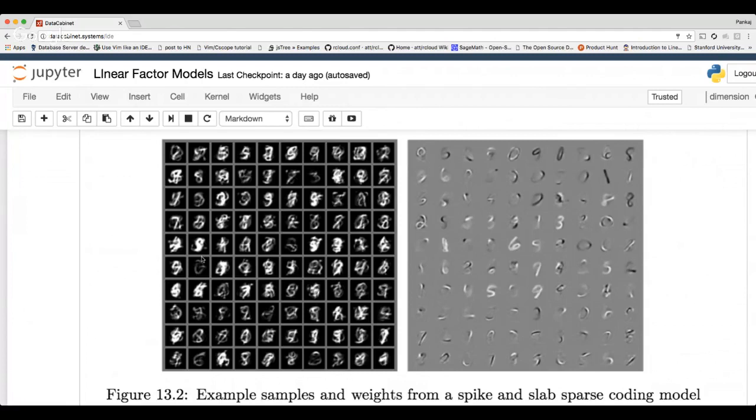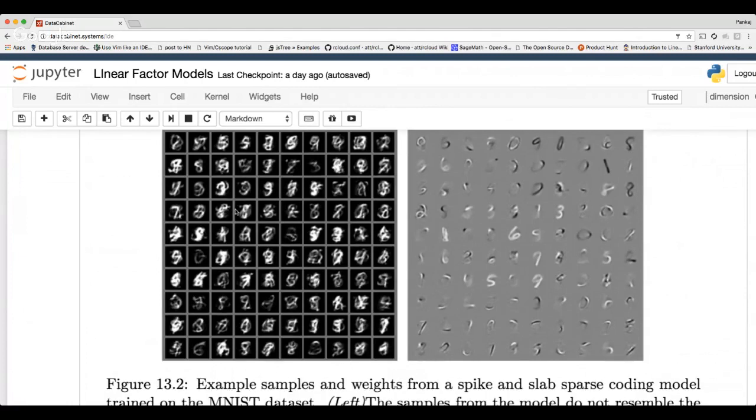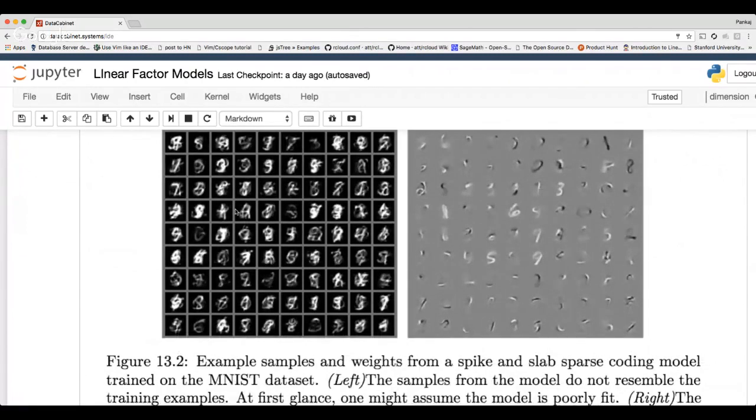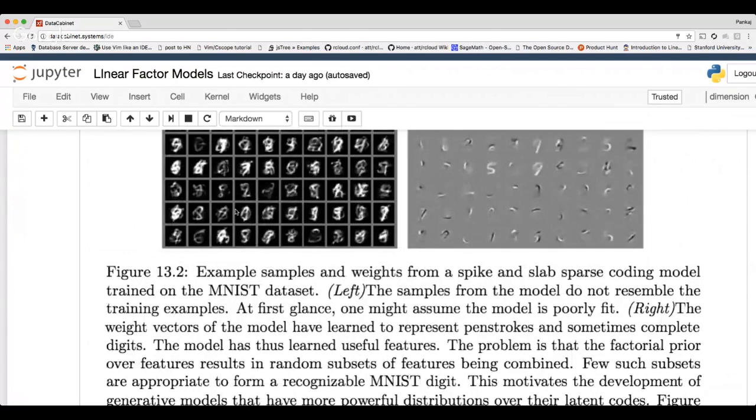That's why it doesn't look like it. Although you can go from X to H in a lower dimension and then go back to X, you cannot generate this data well using this method. So that's what this picture is.